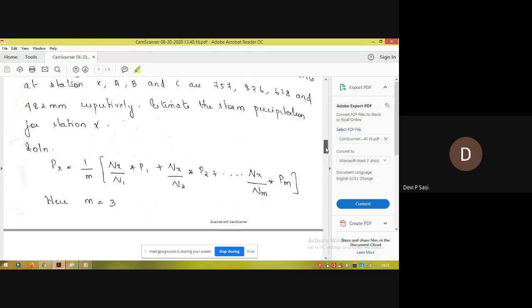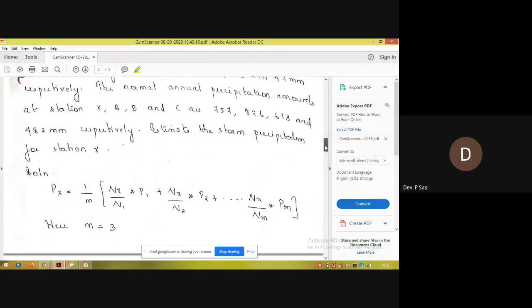You substitute the values. All the values are given. Nx is equal to 757. N1 is equal to 826. P1 is equal to 75. Again, N2 is equal to 618. P2 is equal to 58.